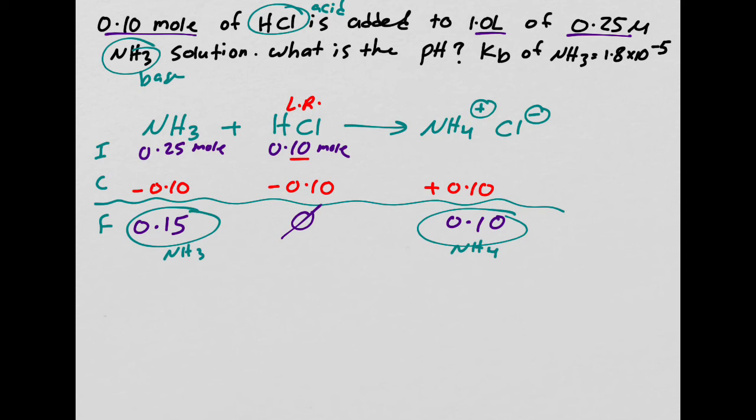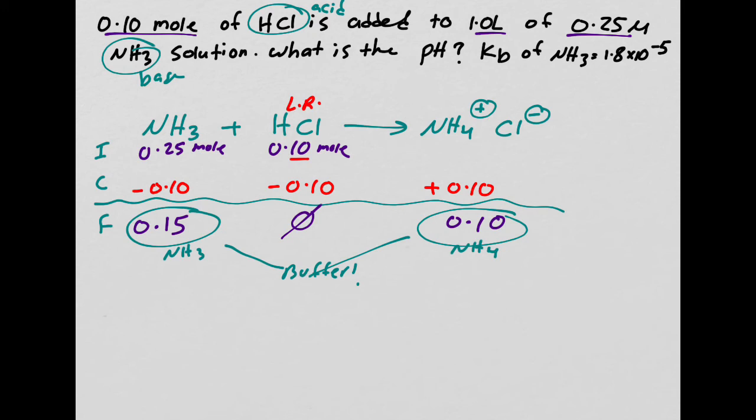You ended up with ammonia and ammonium, a weak base and its conjugate. Ammonia is a weak base, and this is its conjugate. So I end up with a buffer problem. That's pretty cool, right? That's perfect. I have a buffer problem.